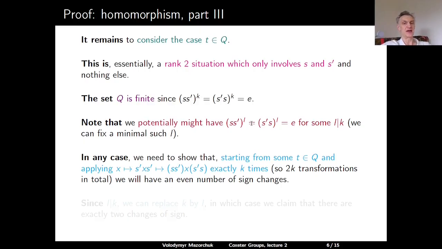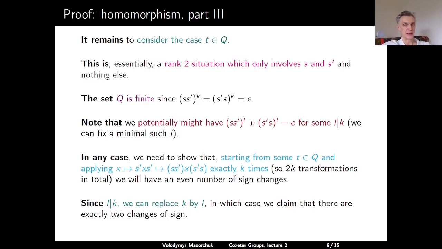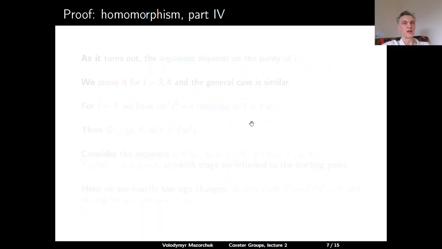We need to prove that we have an even number of sign changes. And since our smallest number L divides k, we can replace k by L, and we will prove that for 2L transformations we will have exactly 2 changes of the sign. And since L divides k, we will have an even number of changes for 2k transformations.